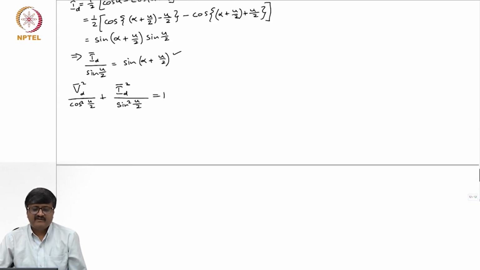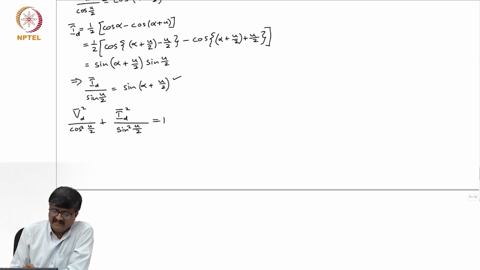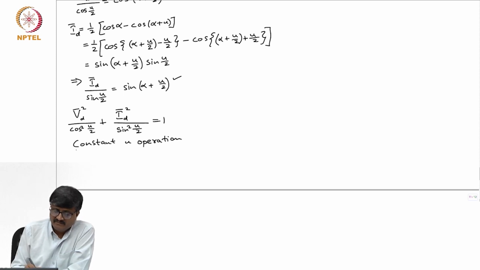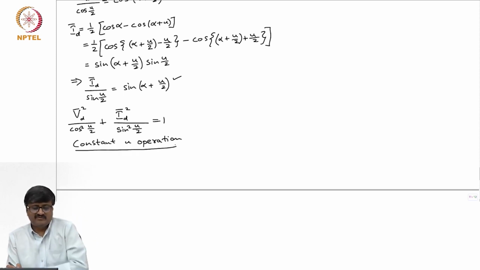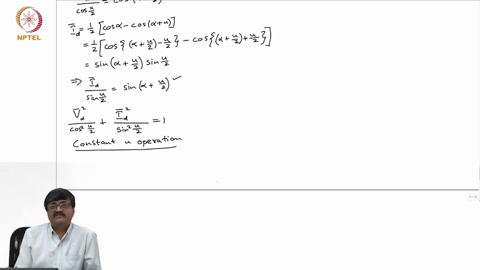So if I look at this equation, I have ID, Vd and u in this equation. So if I keep u constant, then what I get is constant u operation. So if u is constant, then this equation is the equation of a curve.